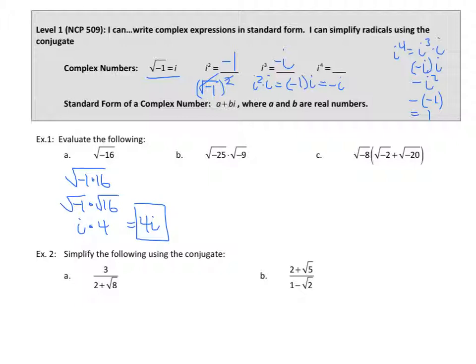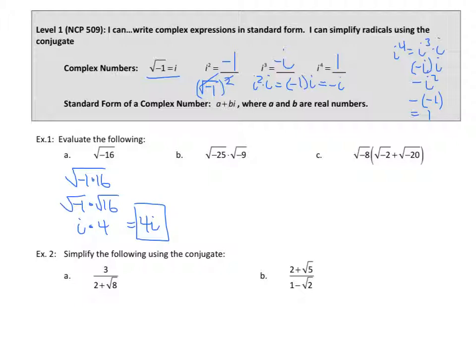So i to the fourth power is +1. And this pattern is going to continue. We'll talk more about the higher exponents on i as we get into level 3. For now, we're just going to simplify some more basic expressions with negatives underneath radicals.